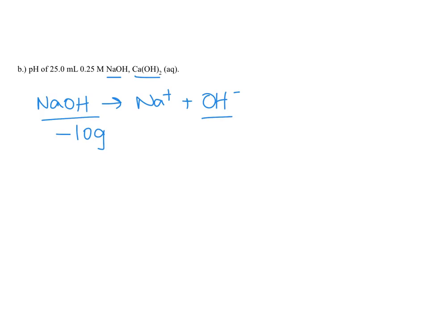Let's go ahead and take a look at these 2 examples. I've got sodium hydroxide and I've got calcium hydroxide. For sodium hydroxide, when that breaks apart, we get sodium and we get hydroxide. Since we get 1 hydroxide and that mole ratio is 1 to 1, I can go ahead and take the negative log of that concentration of 0.25. When I take the negative log of 0.25, that's going to equal 0.60.